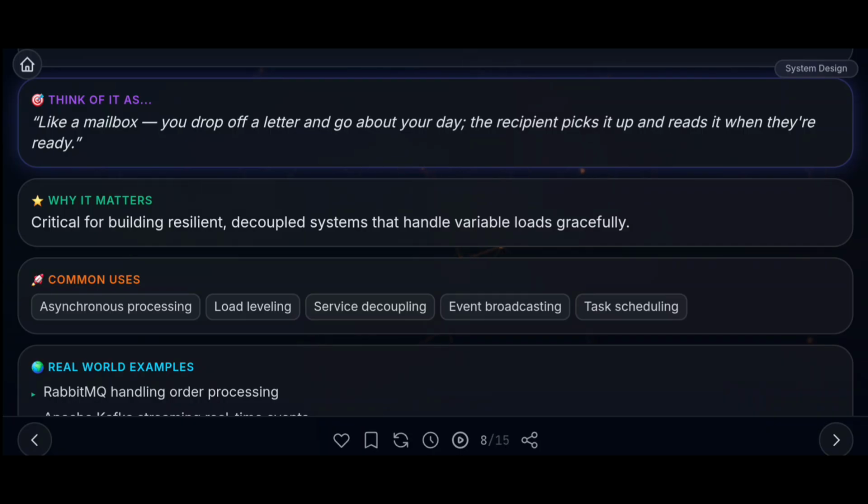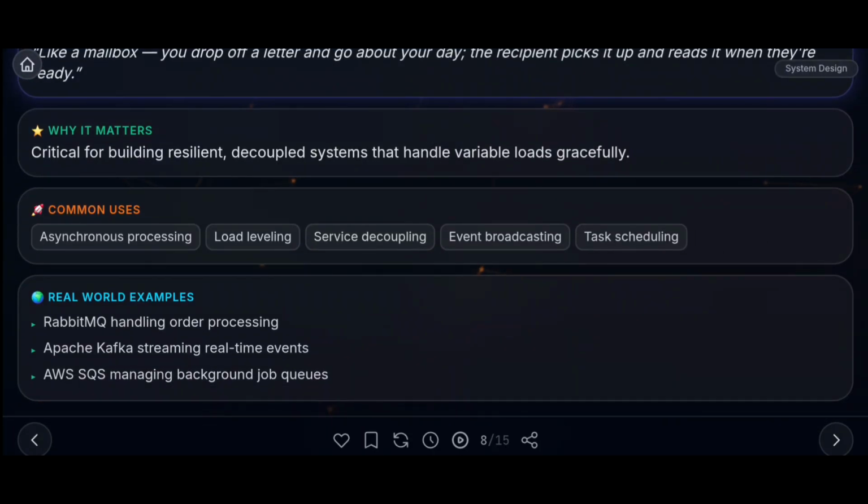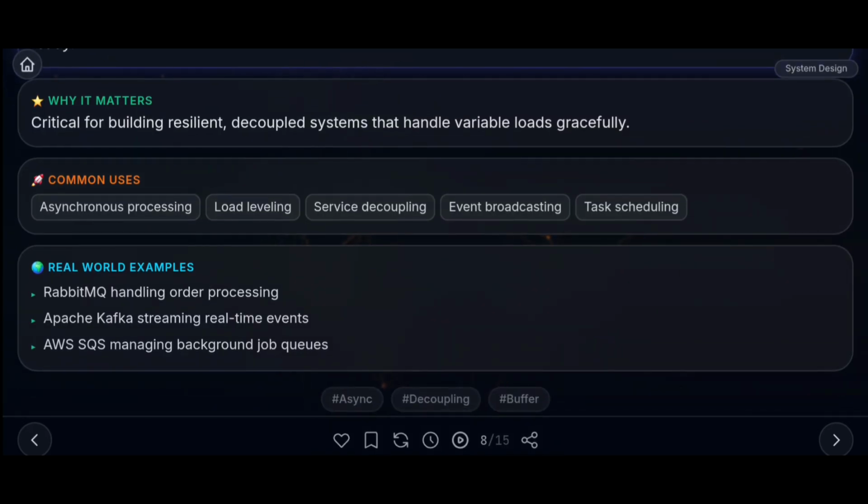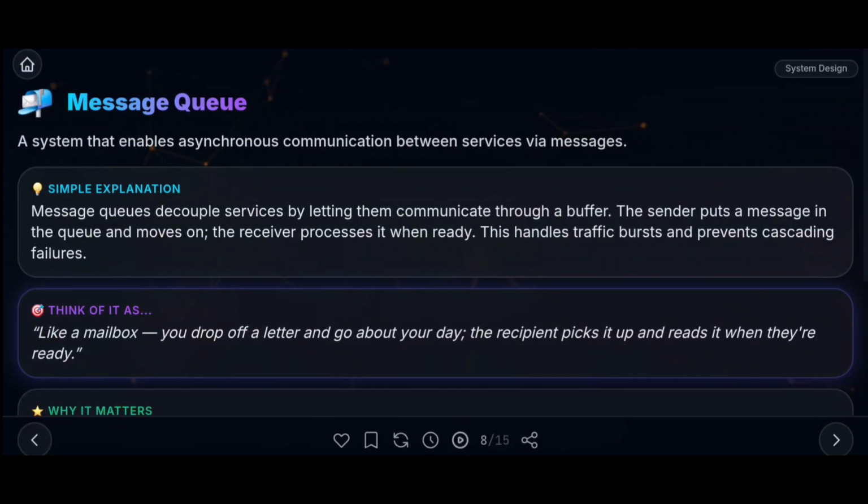Some common uses are asynchronous processing, load leveling, service decoupling, event broadcasting, and task scheduling. Some real world examples are RabbitMQ handling order processing, Apache Kafka streaming real time events, and AWS SQS managing background job queues. This is all about message queues.